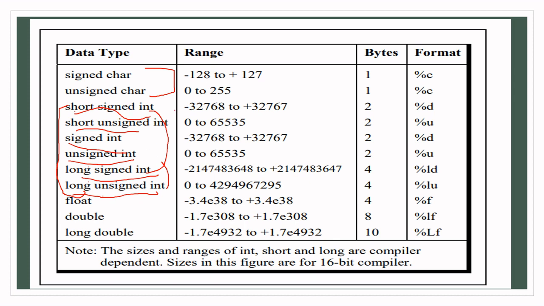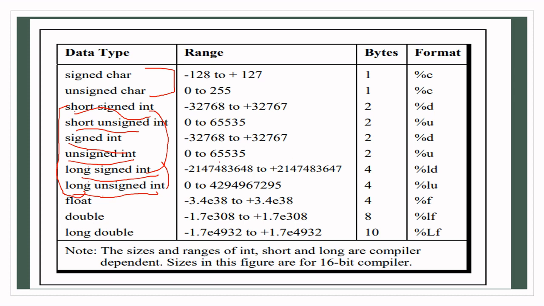A signed integer consists of both positive and negative numbers, whereas an unsigned integer, like the short unsigned integer, consists of only positive numbers, from 0 to 65,535. Signed integers range from minus to plus, whereas unsigned are only positive.